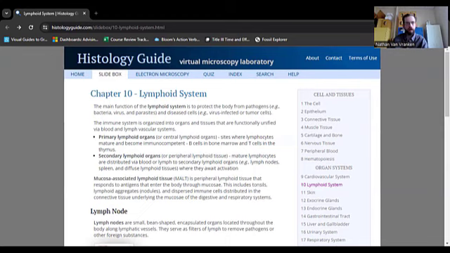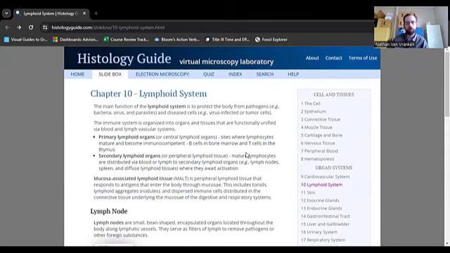Keep in mind that keeping it organized, such as primary and secondary, will be very helpful in your studies this week. And that all of these structures, or at least a majority of them, are mucosa associated, meaning that they will have that mucosa soft tissue that we discussed earlier in the class. And so I want to be able to show you some of these.